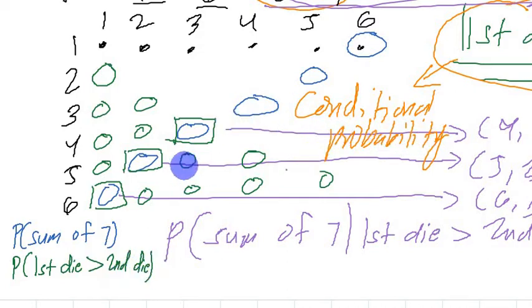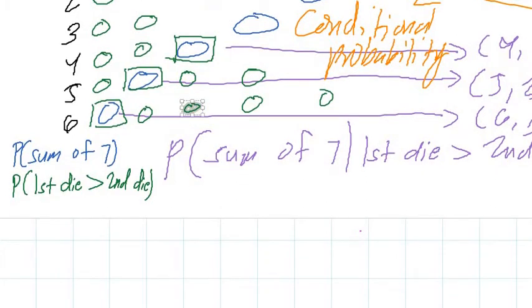This purple line here represents the probability that we actually wanted to solve, although it's a bit cut because we zoomed in. So as we can see here, those that are part of what we wanted, the probability that the sum is 7 given that the first die is greater than the second die, is actually both in event green and event blue. Or, in other words, it is the intersection of these two events.